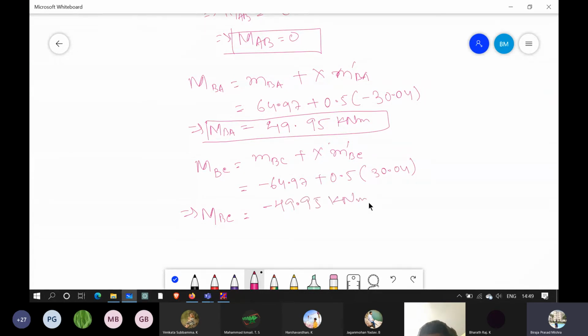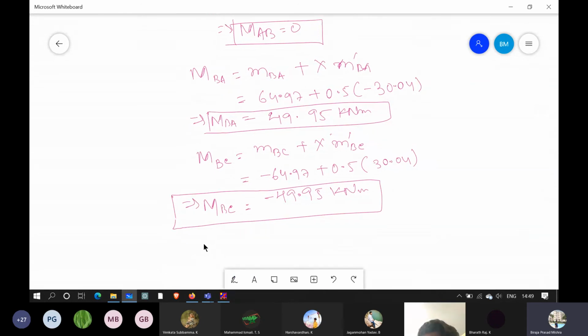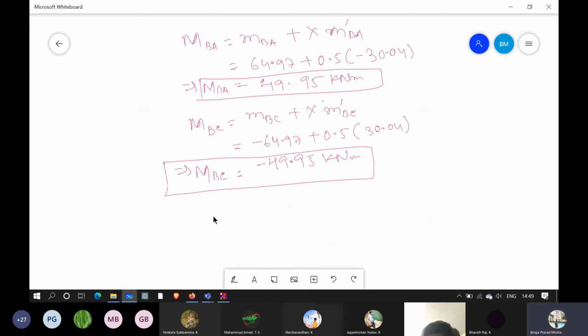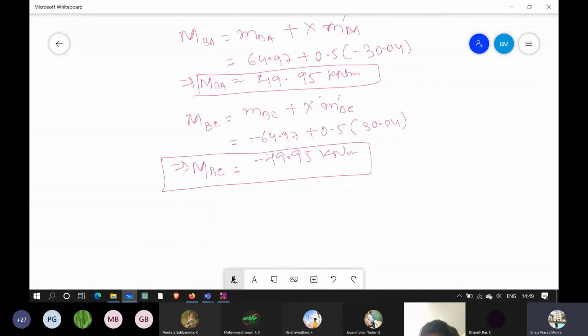Similarly, we can find out MCB as well. MCB equals small MCB plus X into M dash CB.